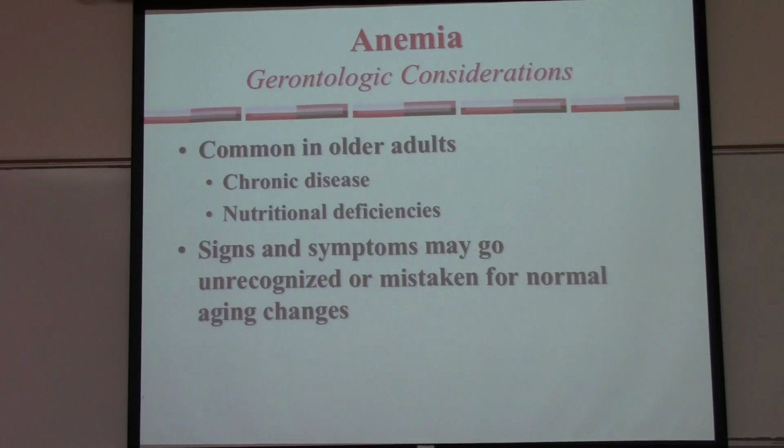Some gerontological considerations. Anemia is a common disease in older adults. It often grows with just chronic diseases anyway. And sometimes a patient has an anemia and there's no real identifiable problem, and they actually call it anemia of chronic disease.